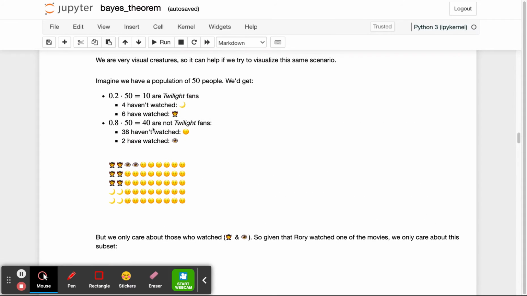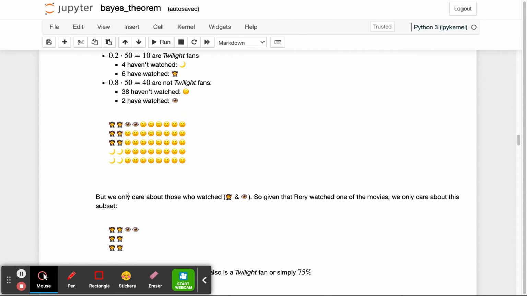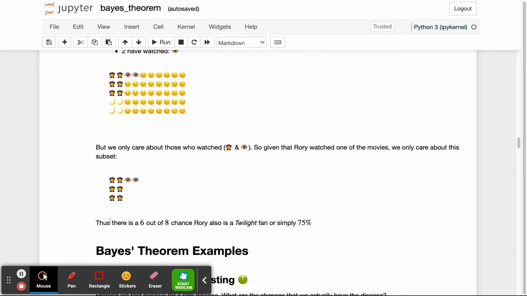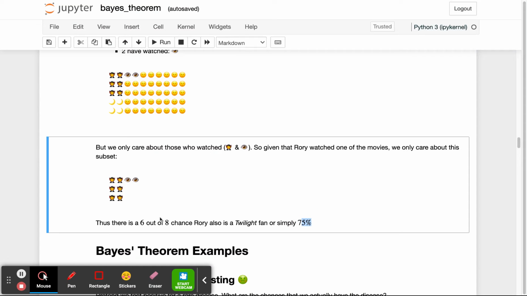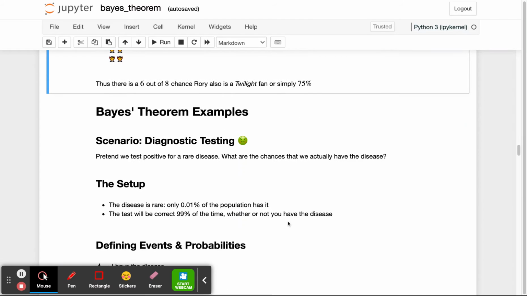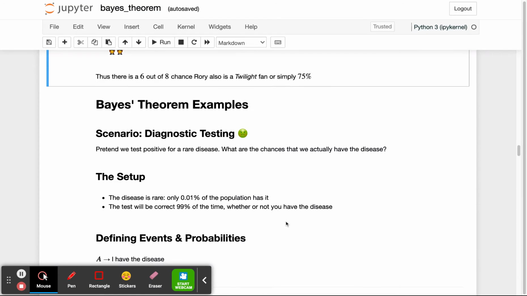And so essentially, if we only cared about those who watched the film, it would be these 6 here and these 2 here, which would amount to 8. And of those 8, 6 of them were fans. And so there is a 75% chance, or 6 out of 8, that Rory was a fan.